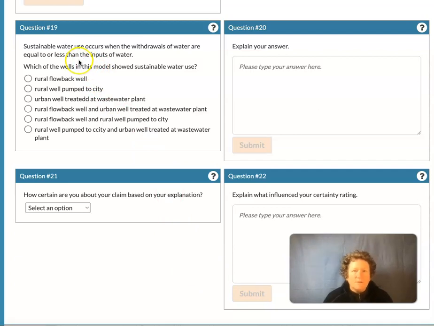Sustainable water use occurs when the withdrawals of water are equal to or less than the inputs of water. Which of the wells in this model showed sustainable water use?